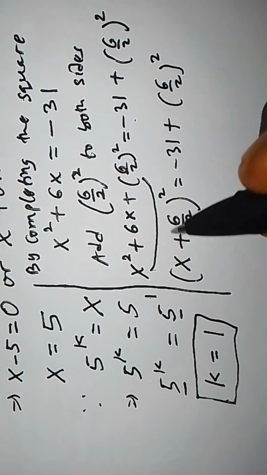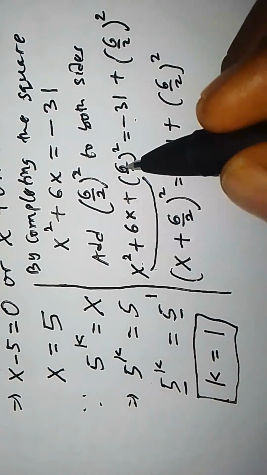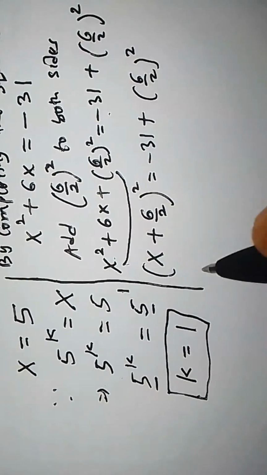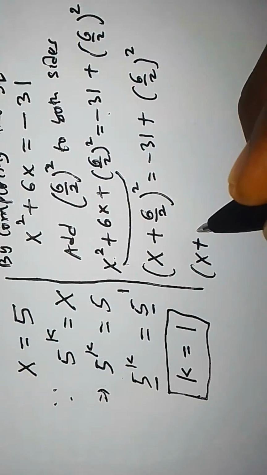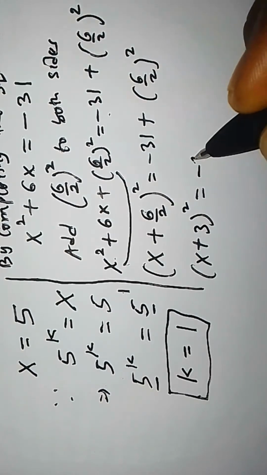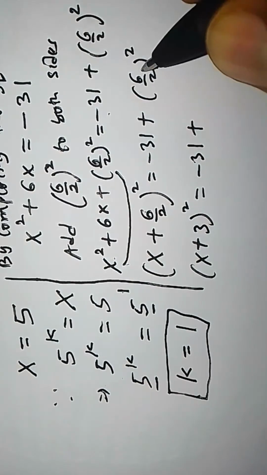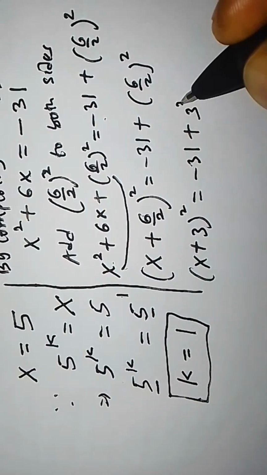That is, when you expand this left hand side very well, you're going to have all of this back. Let's proceed further. (x + 6/2), that is 3, all squared, equal to -31 + 6/2, that is 3, squared.